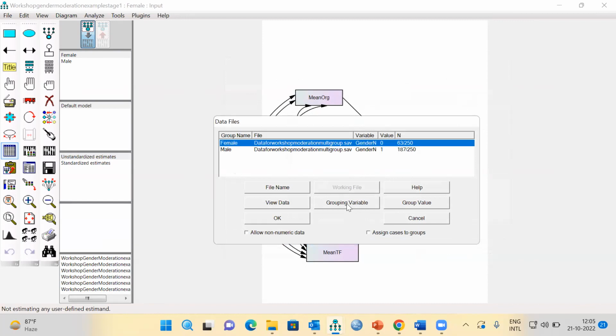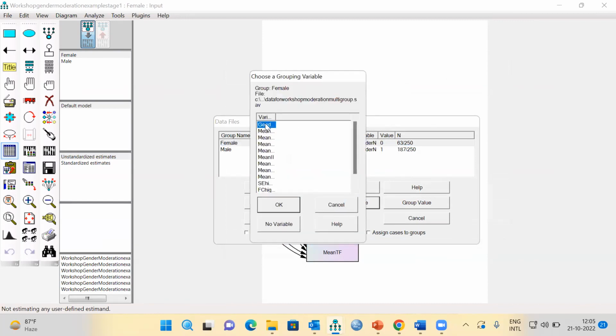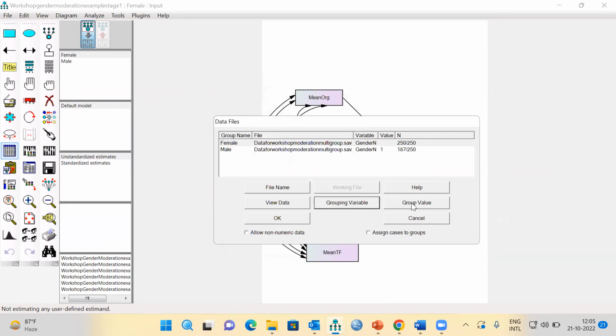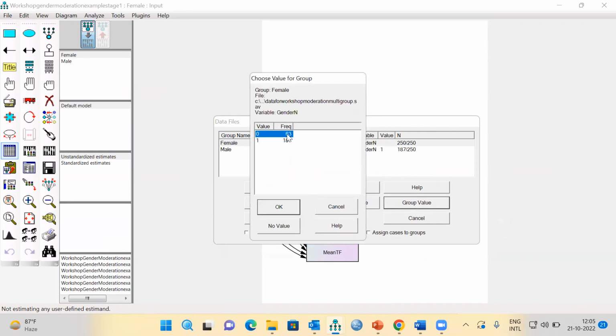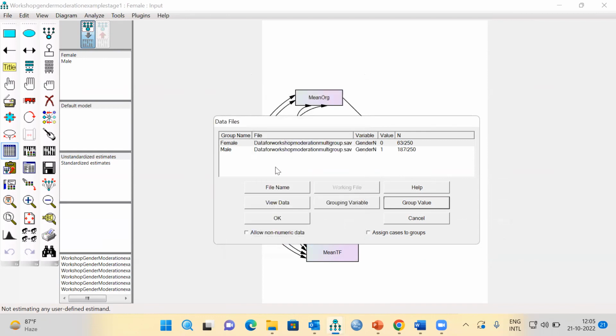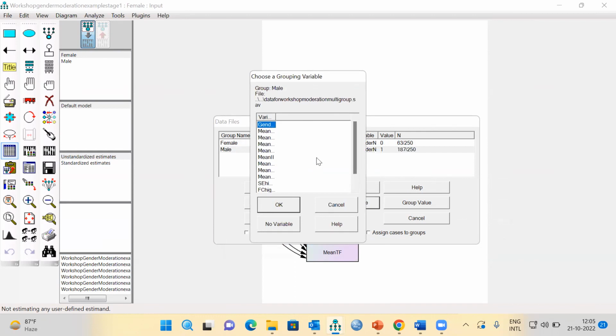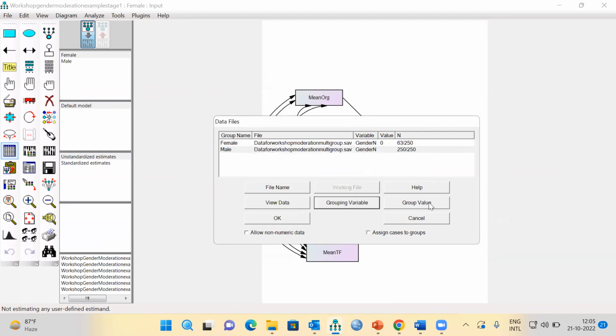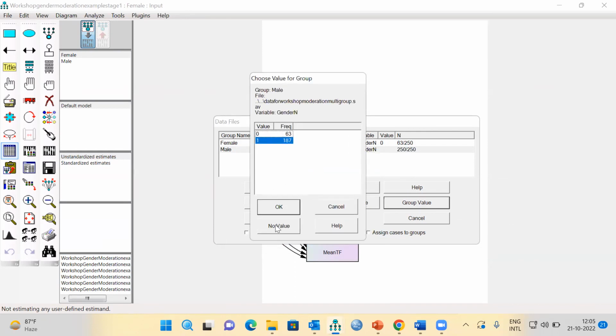For one group, we look at the grouping variable as gender, then put a group value where female has been coded as 0, select that and click on OK. And similarly for the second one, again you go to the grouping variable, select gender, go to the group value and select 1.